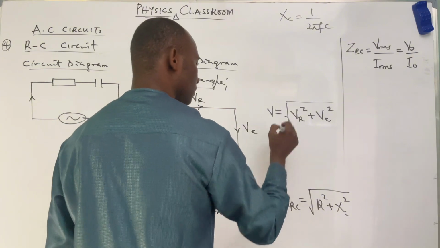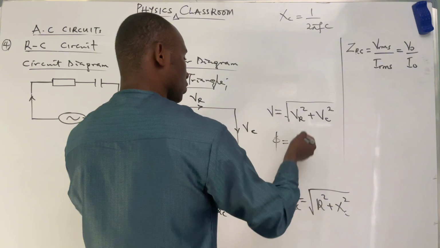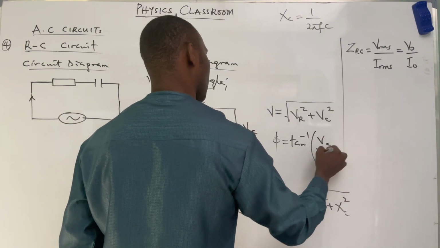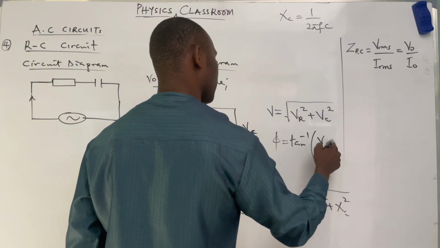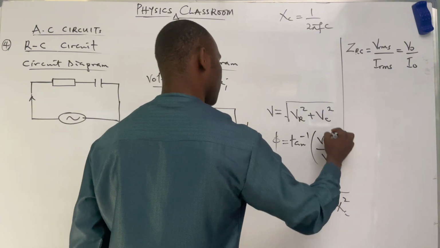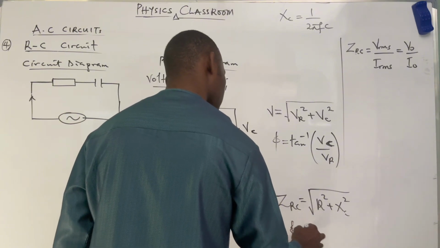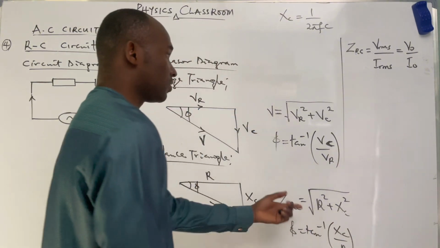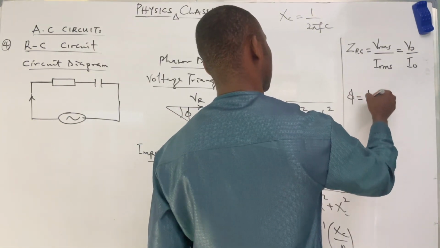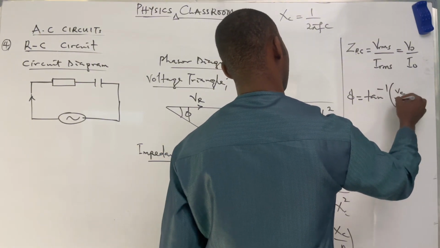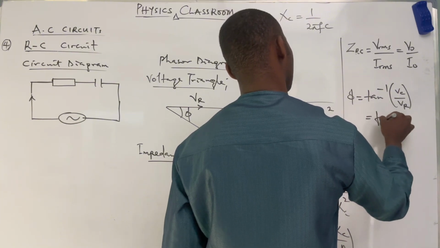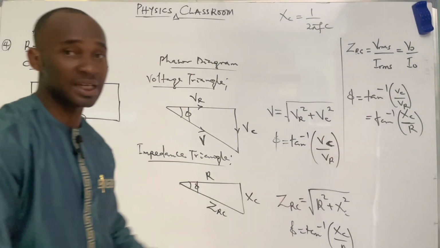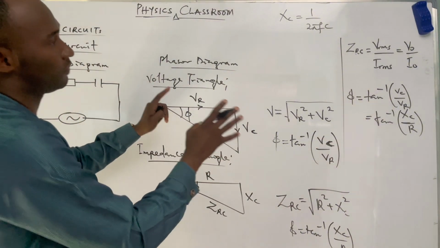The phase angle could either be tan inverse of VC all over VR, or tan inverse of XC over R. Either of these two, that is, our phase angle could either be tan inverse of VC over VR, which is still equal to tan inverse of XC all over R. We can use either of the two depending on the parameters provided in any question. So that's about that for this circuit.